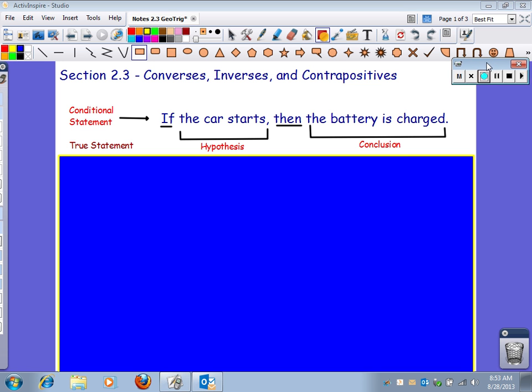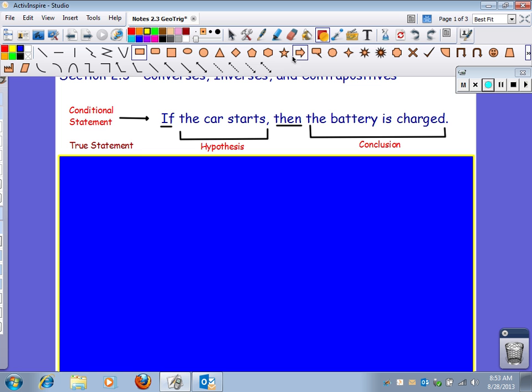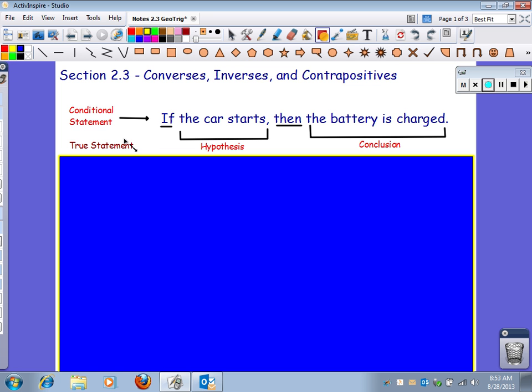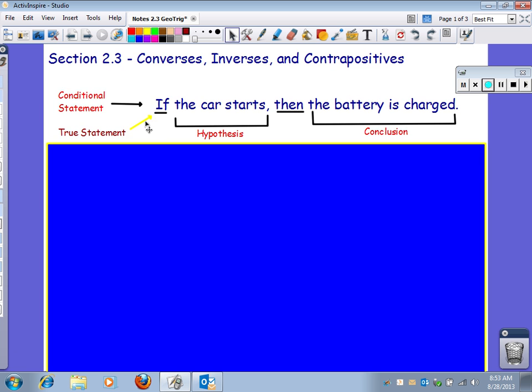Okay, so a true statement. I'm going to put a little arrow showing that that is what we would consider a true statement. So if the car starts, then the battery is charged.